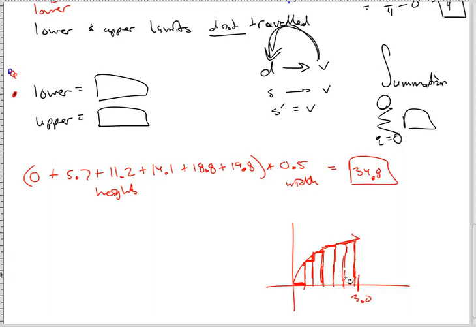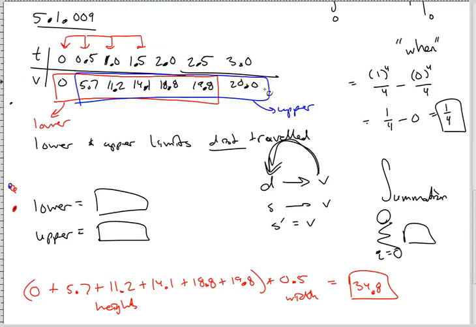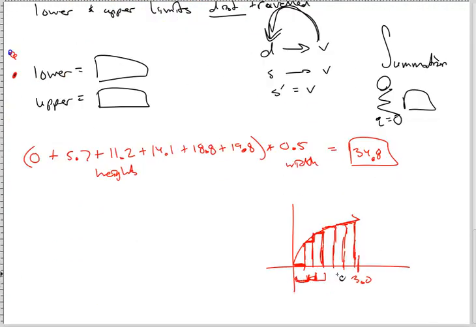You're adding up all the heights, and you're going to multiply by the width of each one of these rectangles, which you could see would be 0.5 in this particular case. And so I'm adding up all these here so I can find an area, which is equal to the integral. Okay, so this is the same thing. An area and an integral are the same thing.